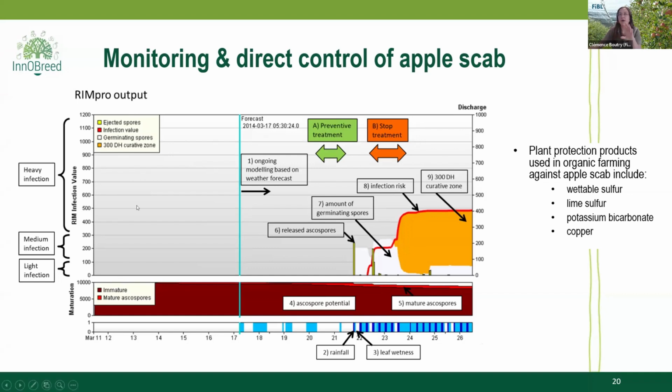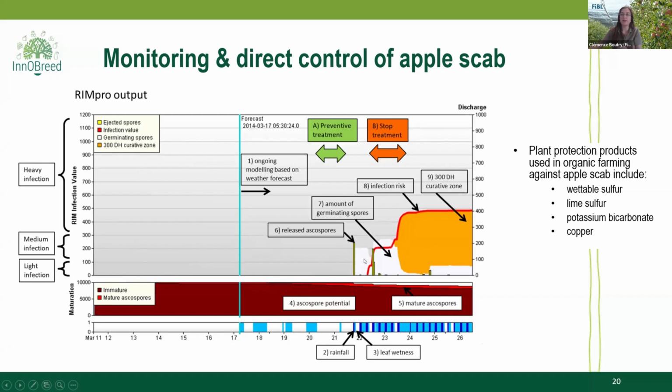And then in the upper graph, you can see the blue line is from where on the forecast or the modeling is done. And it calculates the risk of infection. You can see here releases of ascospores at the yellow bar, and then in red, the risk of infection. And depending on the height, you can categorize it in light infection, medium or heavy infection.